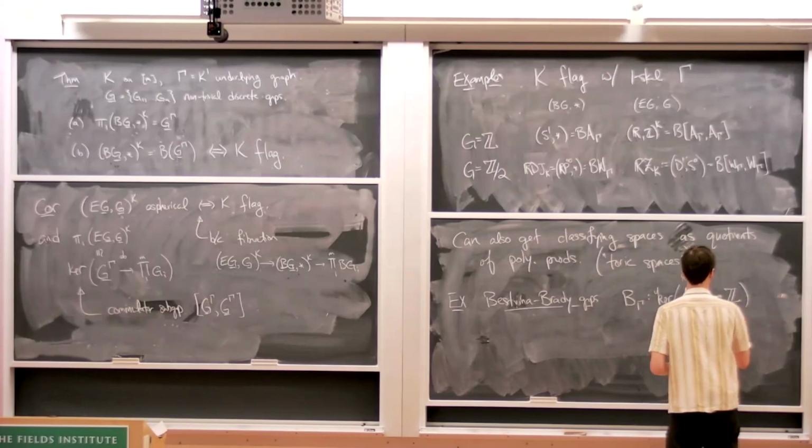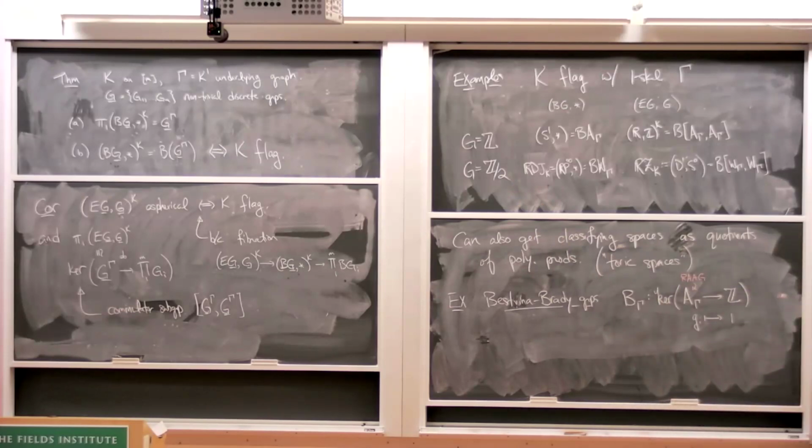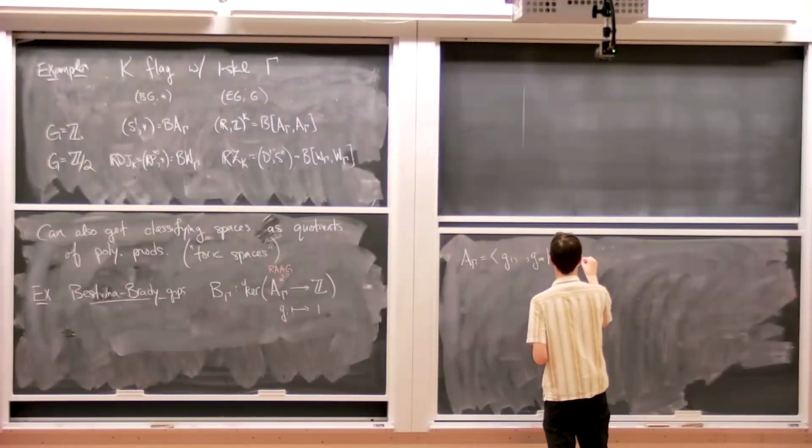Remember we had a group presentation for the Artin group, just M generators, one for each vertex of your graph, and that was it, right? Aside from these commutator relations for edges.